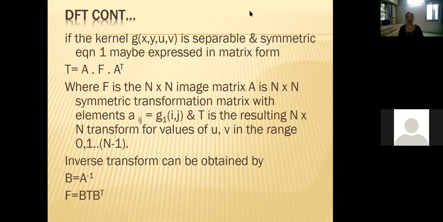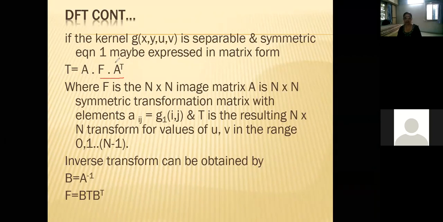First, we perform this F into A transpose, and this is the same as the first part, applying the Fourier transform along the rows. This can be obtained by simple matrix multiplication.